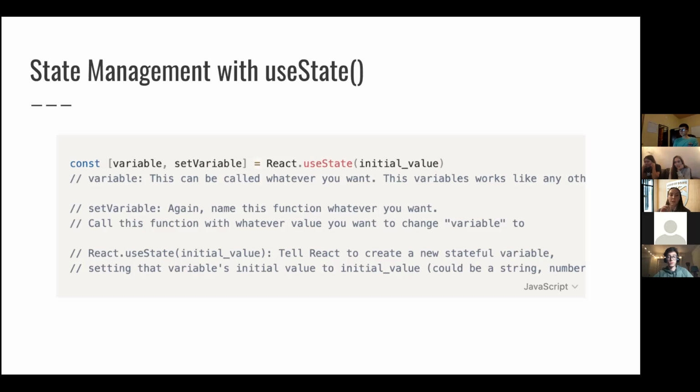We use this React.useState with components that you define as functional components. So it's a different notation, but the state object is still the same thing. It's just a different notation.